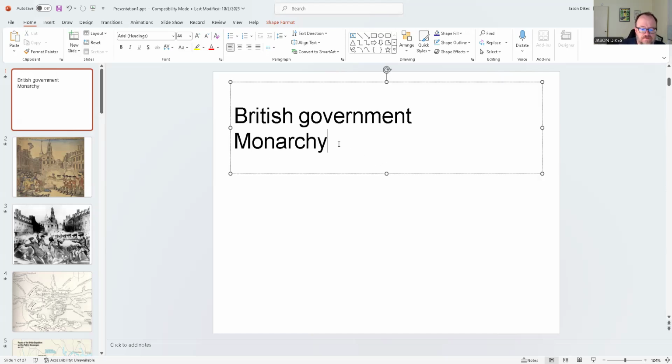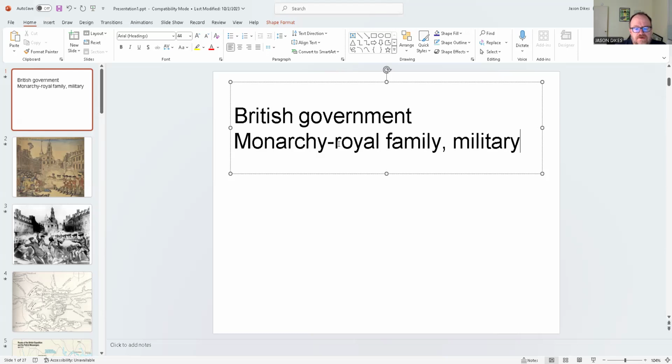And the monarchy, of course, represented the royal family, the military. The monarchy had a lot of its powers taken away during the Charles I, James I, Charles II, James II period.